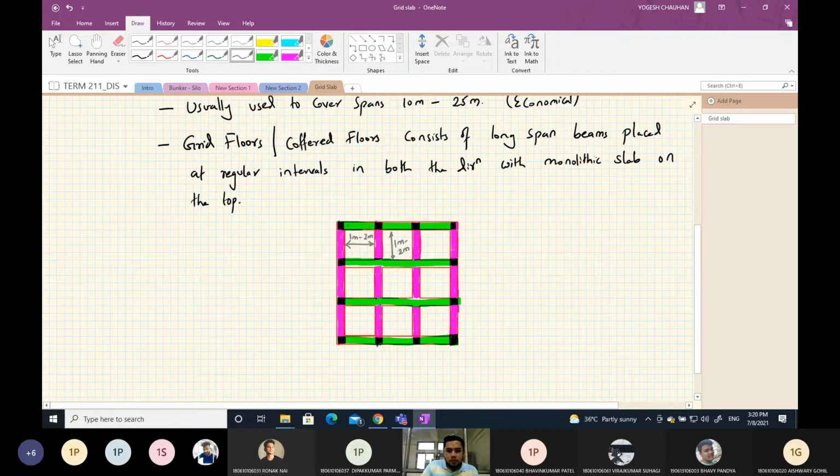Now, the beams in both the directions may be perpendicular to each other, or they may not be. If they are orthogonal to each other, then we can have square orthogonal grid or rectangular orthogonal grids, and if they are diagonal, then such grids are called diagrids.